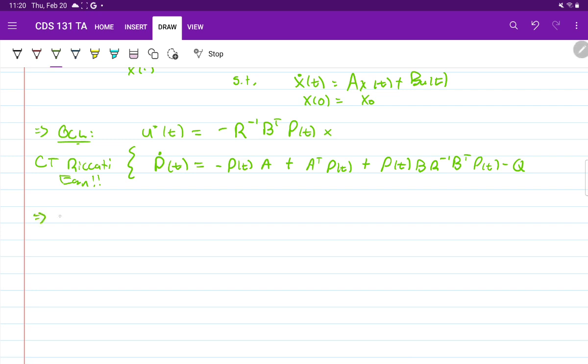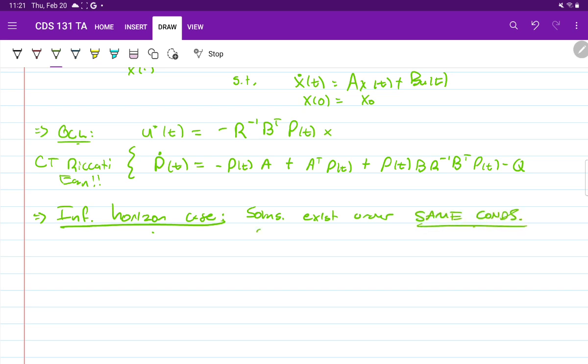Now your infinite horizon case, solutions will exist under the same conditions as your discrete time. Now what you're going to get is that u star of t equals minus R inverse B transpose P times x, where now, again, we have a stationary solution. Oh, I forgot my final condition over here.